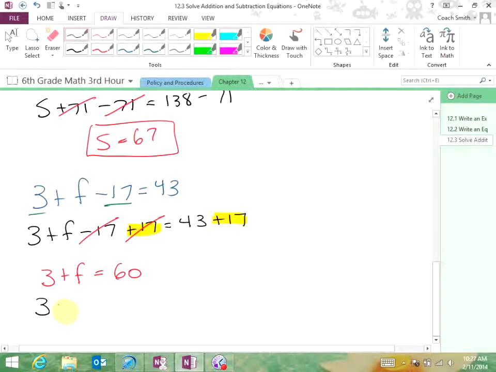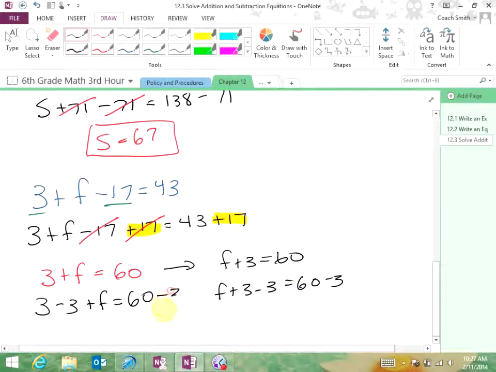Okay, understand those two expressions are the same. And if I was doing that, I would do this. Okay, these two expressions here and here are equivalent. They're the same.